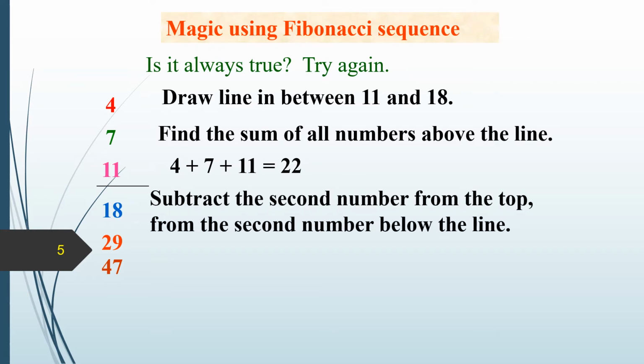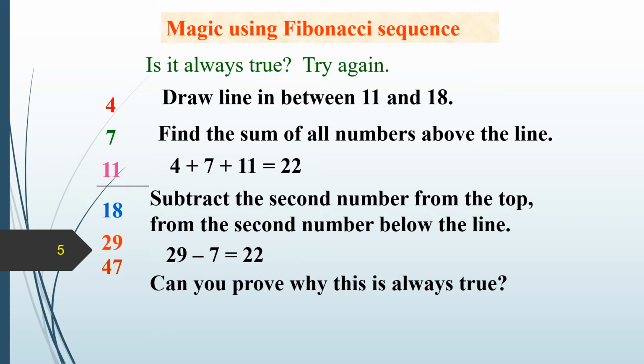Subtract the second number from the top from the second number below the line, which is 29 minus 7, which is also 22. Can we check again why it is always true?